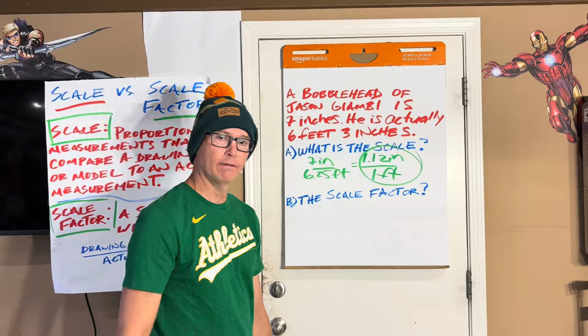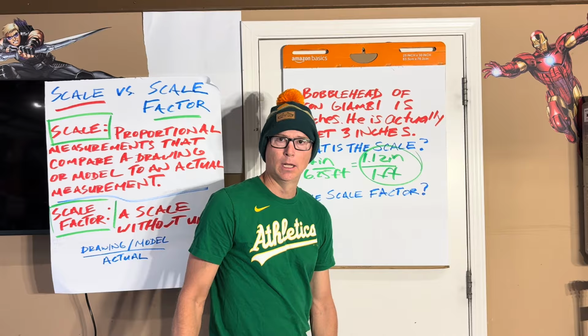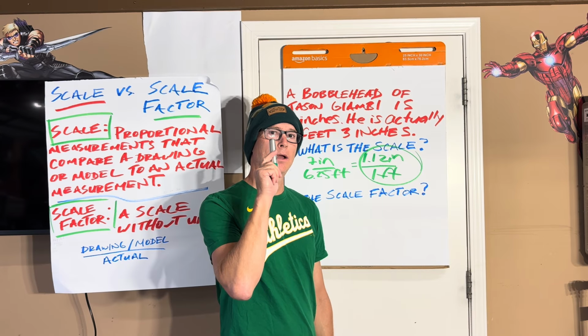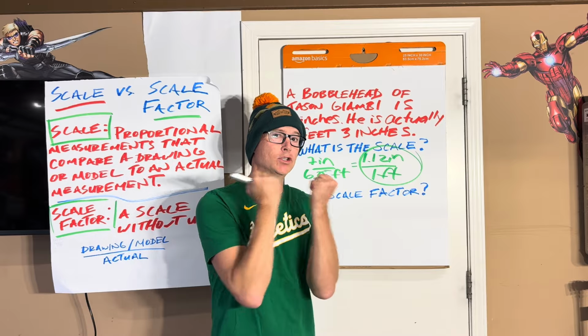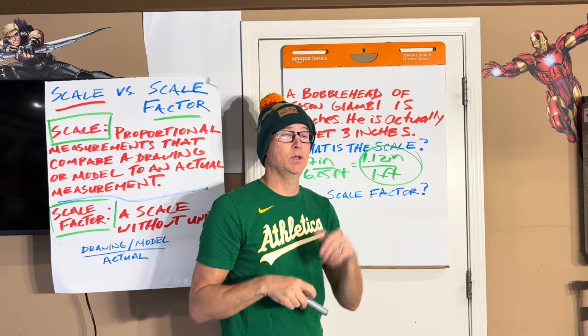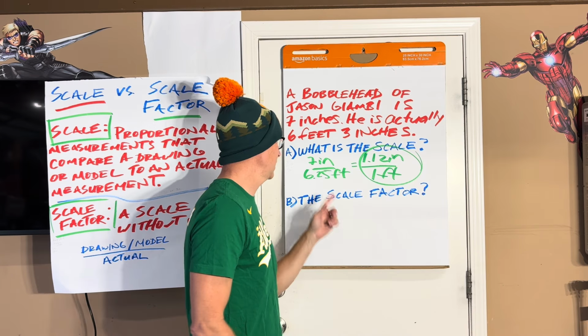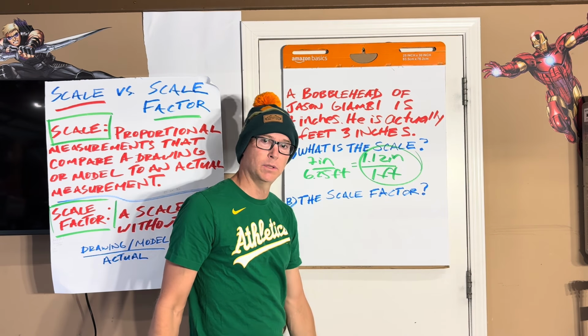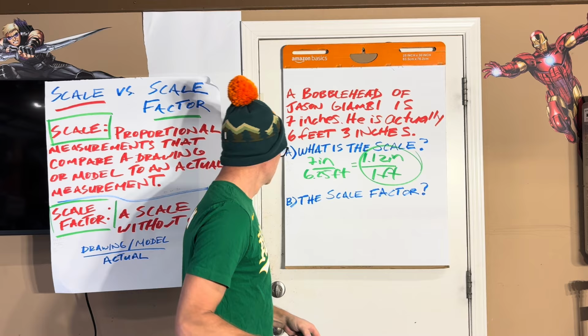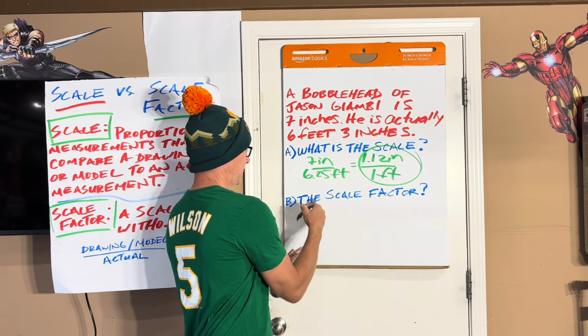Now, if you haven't done the scale factor, don't be lazy. Remember, it's without units. You have to turn them into the same unit. We can either turn both of these into inches or both into feet. I don't want to turn 7 inches into feet because we'd have all sorts of ickiness. So we're going to turn both of these into inches, okay?